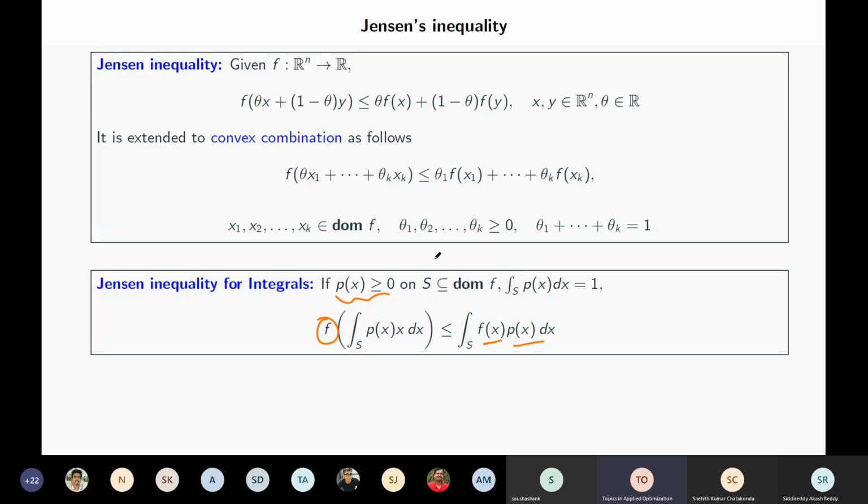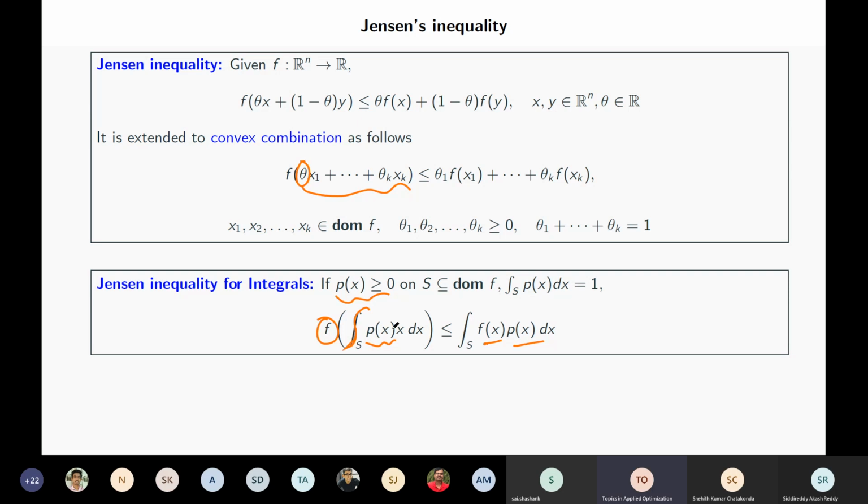So how is this coming? You go from the discrete case to the continuous case by replacing the summation with the integral, and the weights theta i are replaced by these p(x).